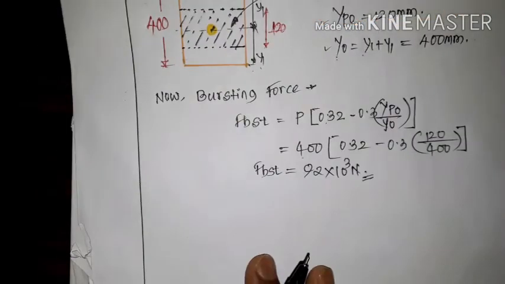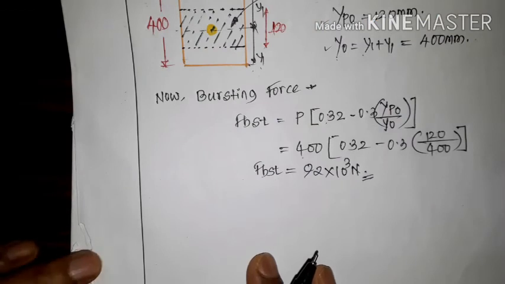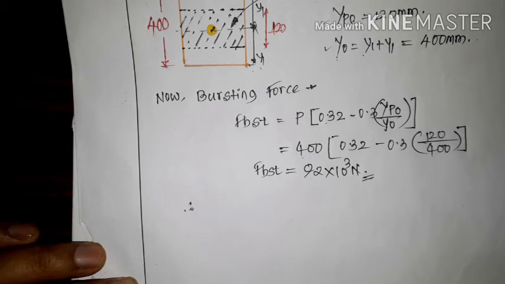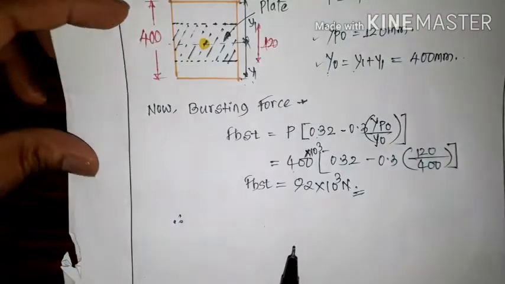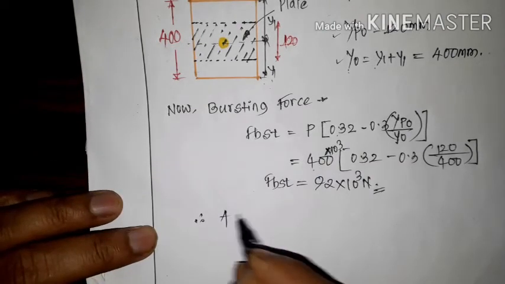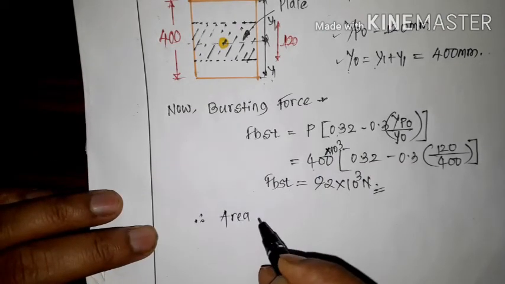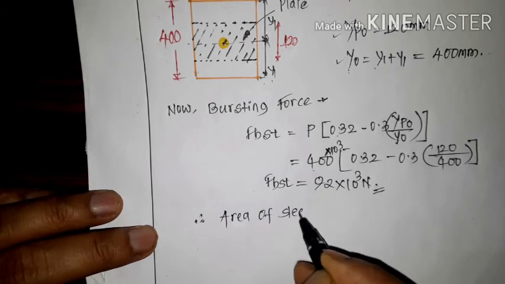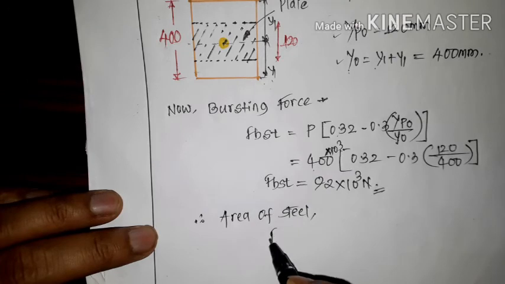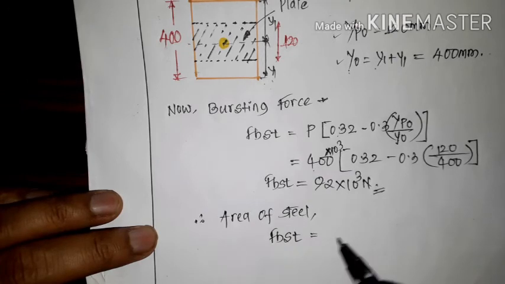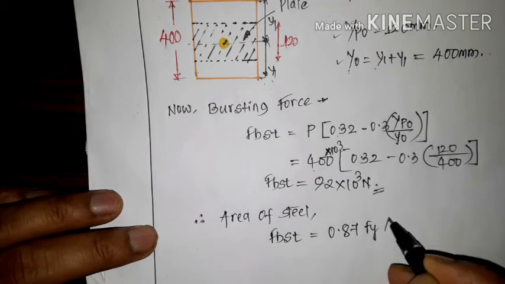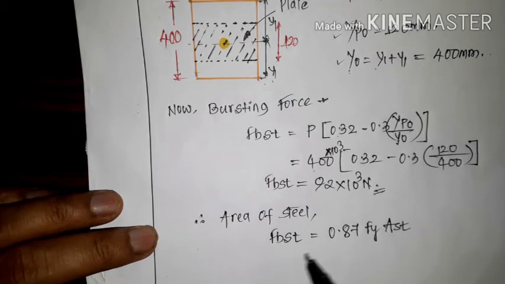Next, the area of steel is given by FBST is equal to 0.87 Fy AST.